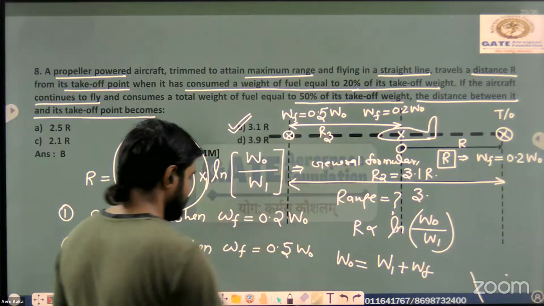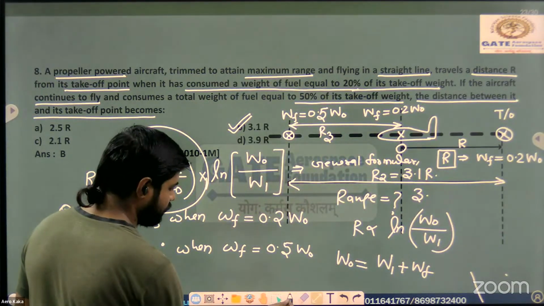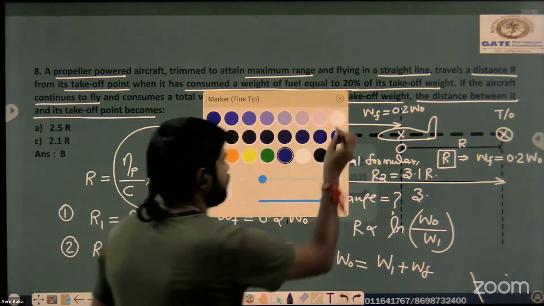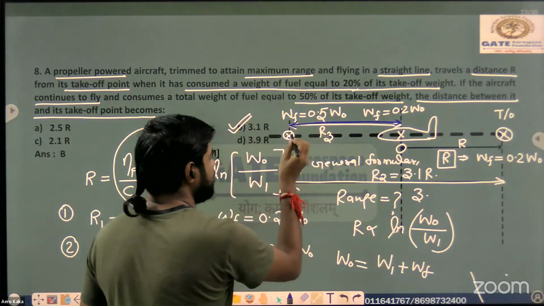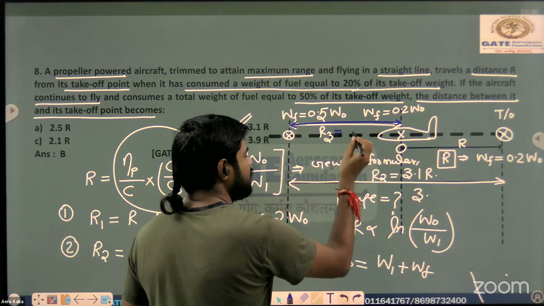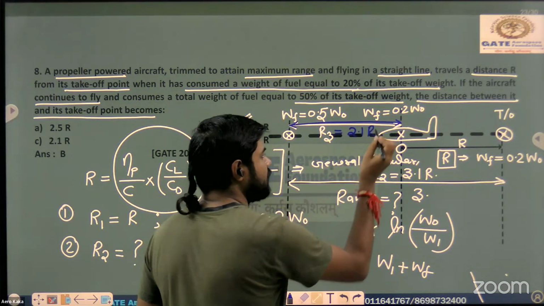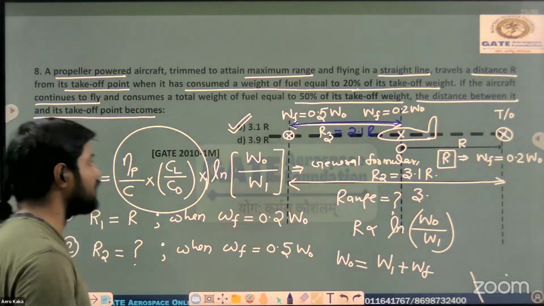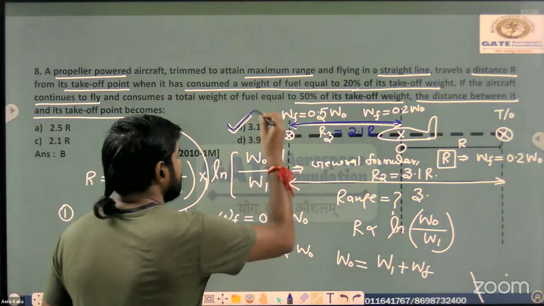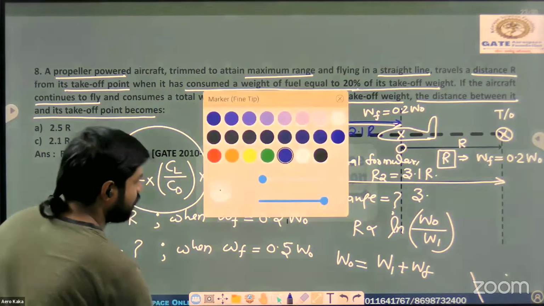So what is this distance? 2.1 R. So this option is also given, right? So R3 is 2.1 capital R. Take care of this one. So the correct option here is option B, 3.1 R only.